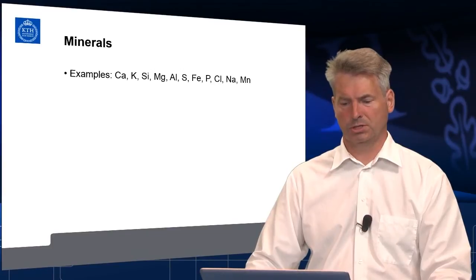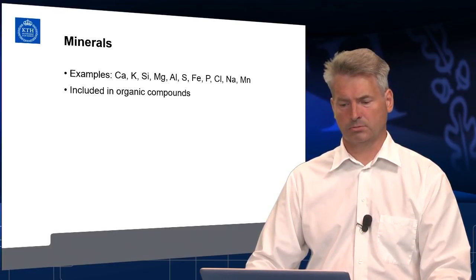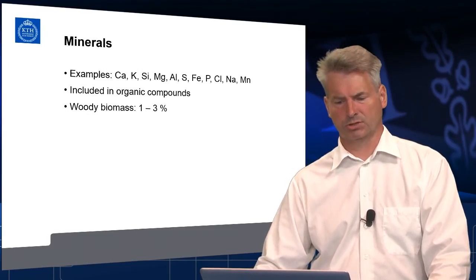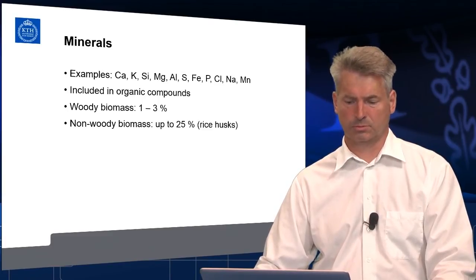So there are several types of inorganic compounds within biomass, and these compounds are included in the organic compounds in the plants. Woody biomass has a content of between 1 and 3% of minerals, while non-woody biomass can have up to 25%, as rice husks, for example.